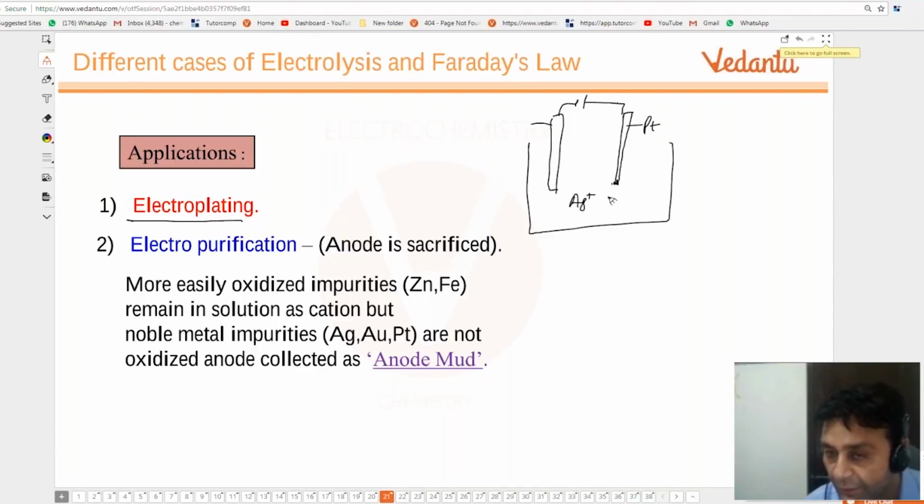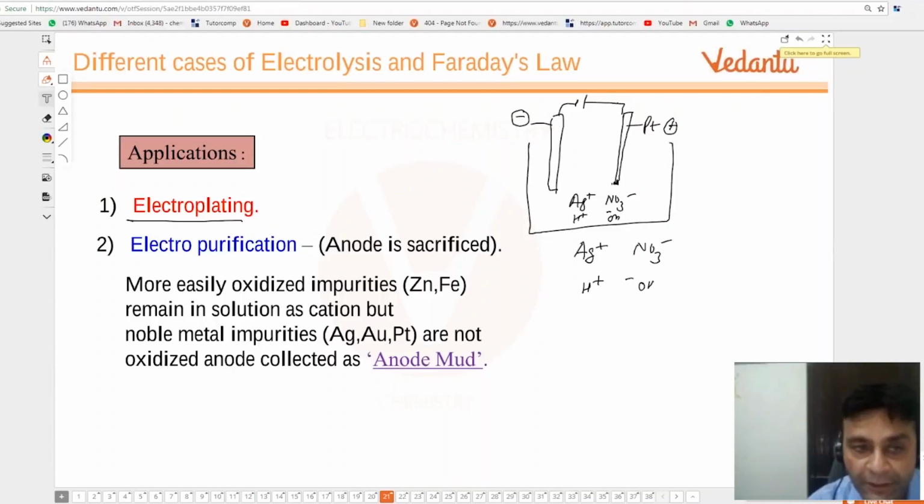So I take silver nitrate solution. This is made negative, the cathode, and this is made positive. Silver nitrate has been dissolved in water, so we have silver ions and NO3 negative ions, and also water, H and OH ions. I'm passing current here. It's a negative terminal here, it's a positive terminal here.